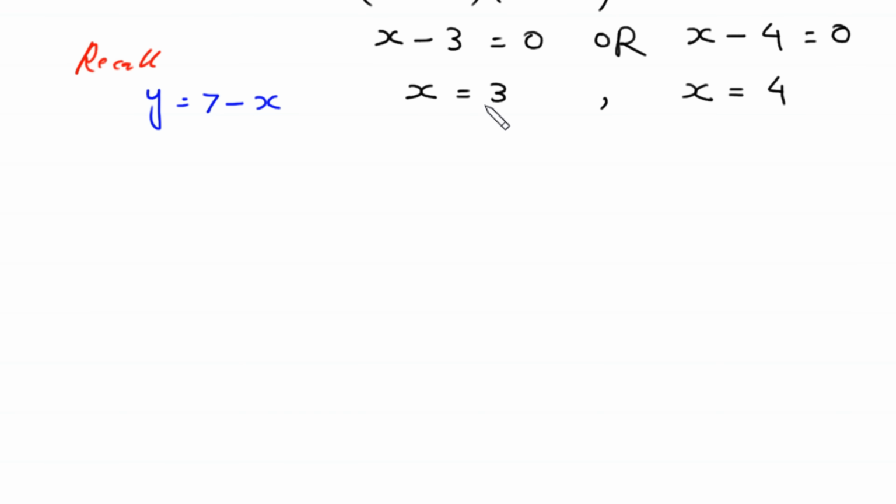Now when x is equal to 3, then y will be equal to 7 minus 3, which is 4.